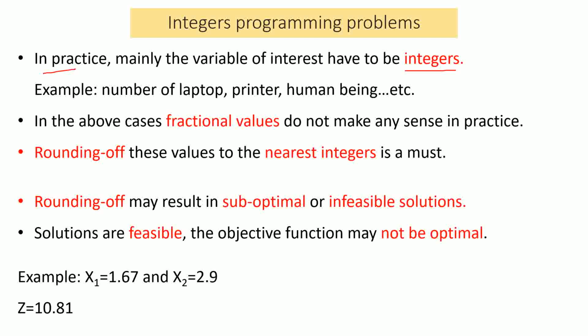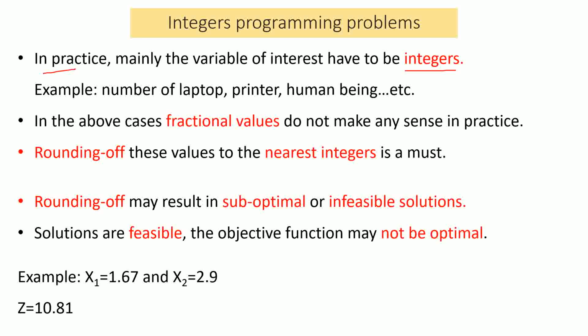We cannot say 1.5 laptop, or we cannot say 1.7 mobile. But we have to say 1 mobile, 0 mobile, or when I say I have 0 mobile, I don't have any mobile. I can say 1 mobile, 2 mobile, and so on. So in such cases, fractional value doesn't make any sense.